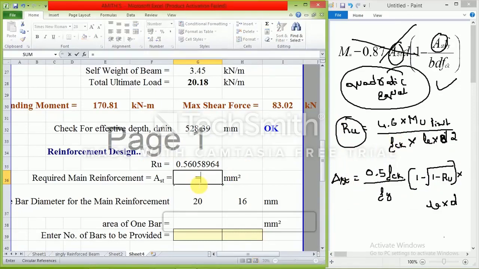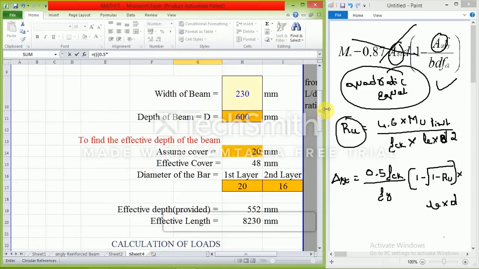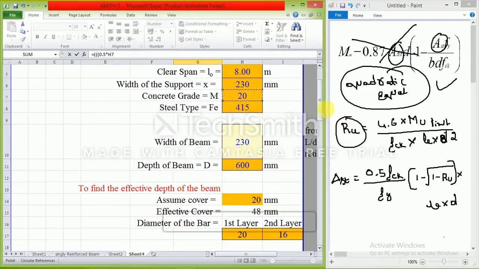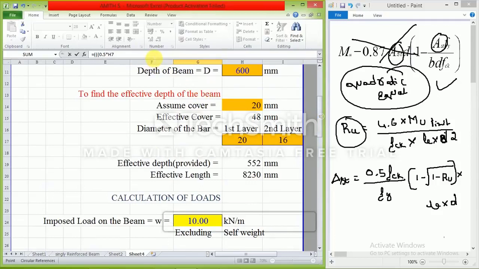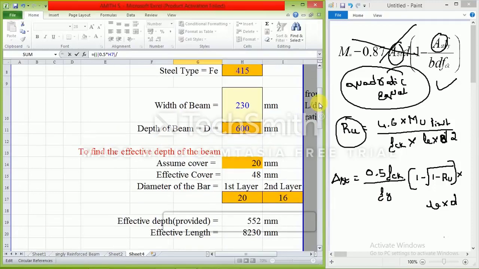Is equal to, I am opening two brackets. Let me open three brackets. 0.5 into fck, that is grade of the concrete. Okay, we can enter here only. Divided by what is fy? What is fy? Grade of steel 415. I'm just closing a bracket.